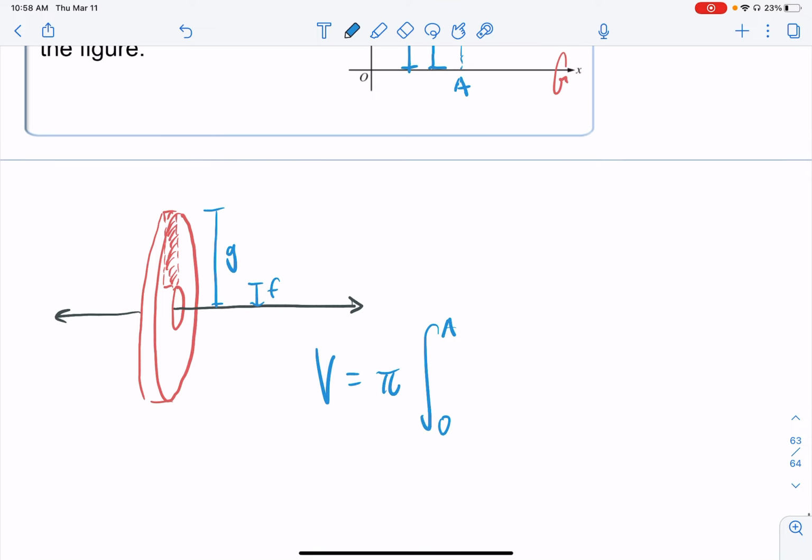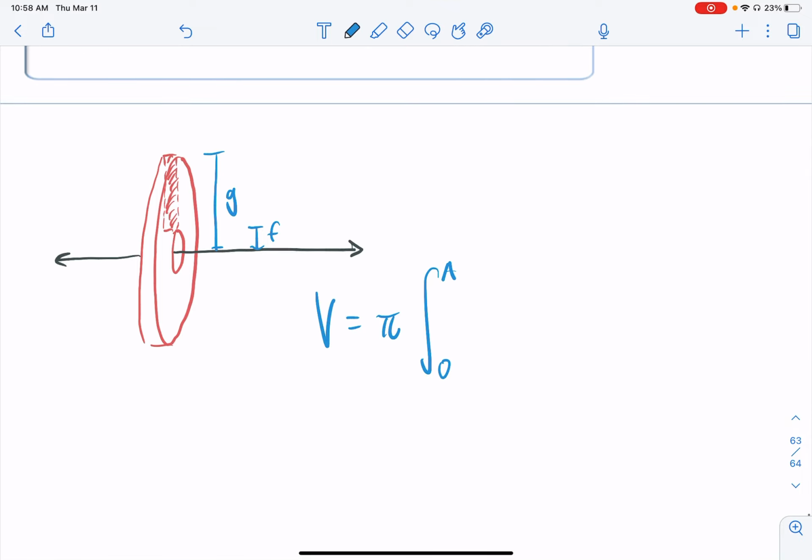And inside here, it is the big radius squared minus the small radius squared. So our g of x function squared minus our f of x function squared, or inner one. And then with respect to x.